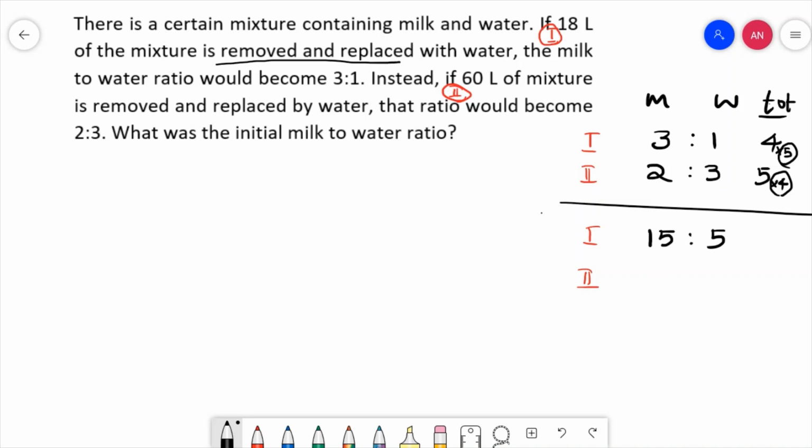And here we are going to multiply this ratio by 4. So the first part will be 4 into 2, that will be 8, and 4 into 3, that will be 12. And the total quantity in both cases will be 20. So that's the only ratio that we require to solve this question.